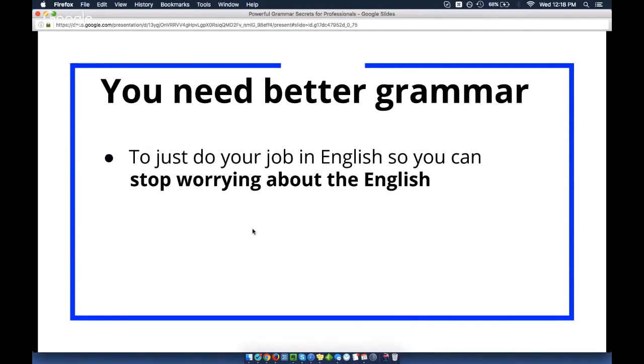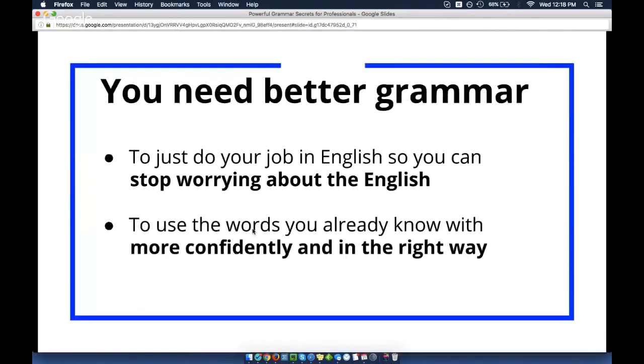So many of my students, and Sabrina, you can feel free to come in here and share your thoughts on this also if you'd like, but just as an English teacher, over and over again, my students tell me that they are so worried about their English, it stops them from communicating effectively at work. We want you to be able to communicate well enough that you don't even have to worry about the English part, that you can just be free to do your job, okay?